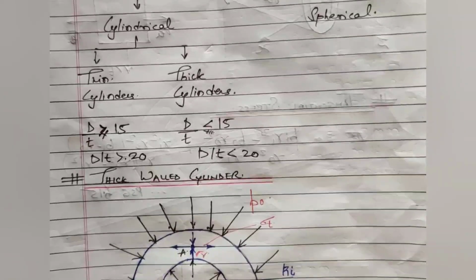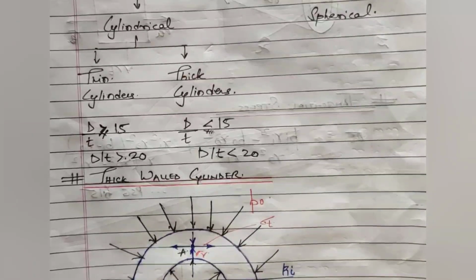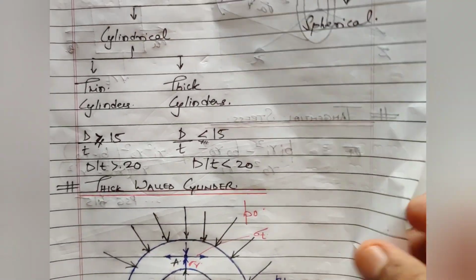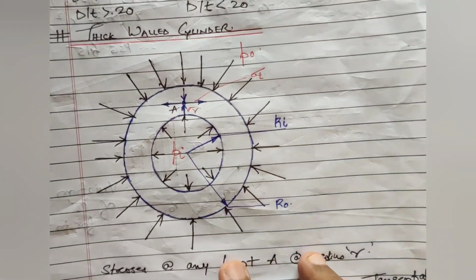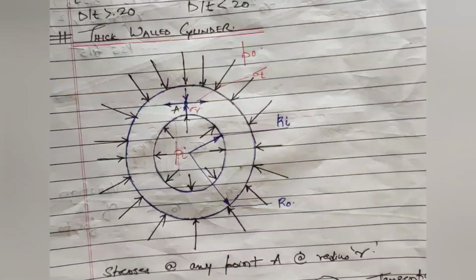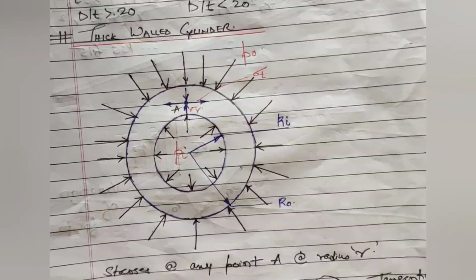Now let us discuss what will be the stresses acting on a cylindrical pressure vessel when it is subjected to certain pressure. Here in this figure I have shown you a cross section of a thick cylinder pressure vessel, where the diameter and thickness ratio is less than 20, or the thickness is considerable enough so that it cannot be neglected.